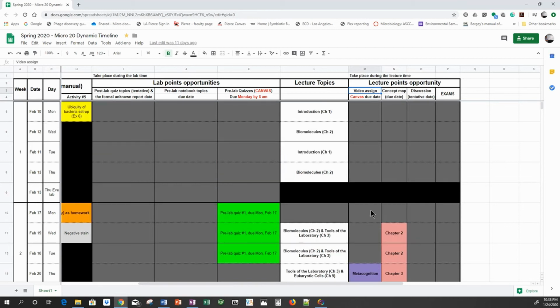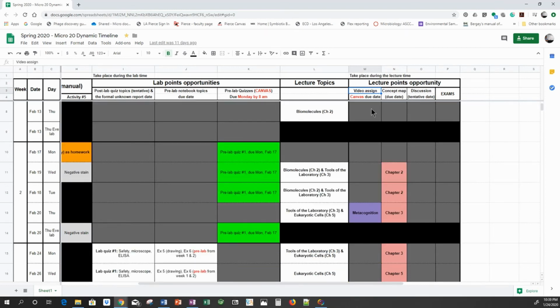Okay. The next one would be concept map. The guideline for concept map has been posted on Canvas, and I will also talk a little more about it during our first day of class. Okay. And the chapters for concept map are listed on the table. For example, if you are on Monday, Wednesday section, I will only be collecting chapter 2 concept map on Wednesday lecture.